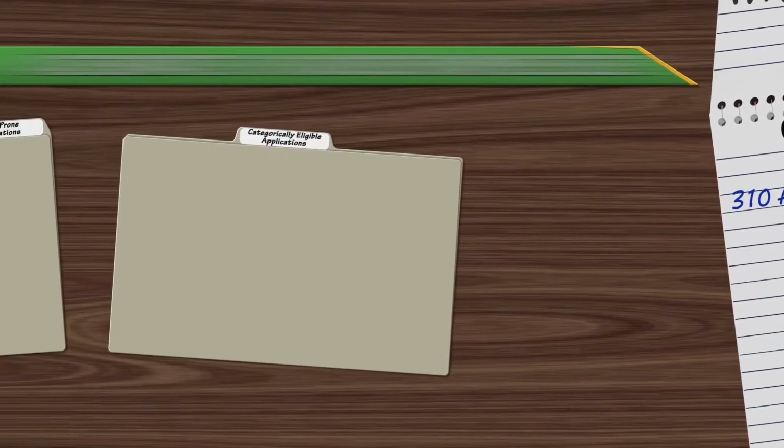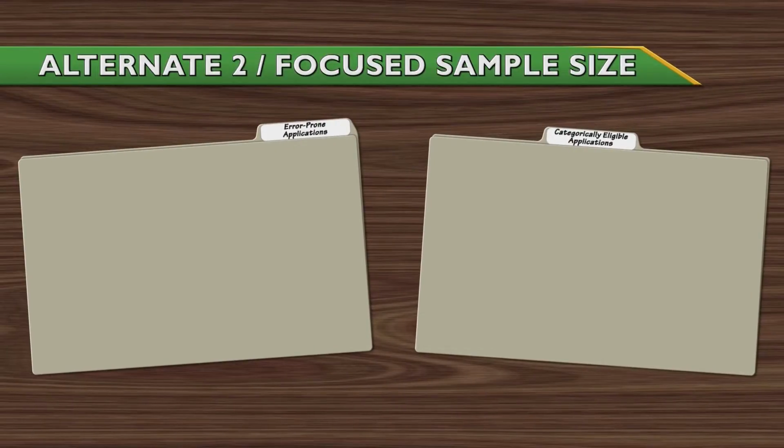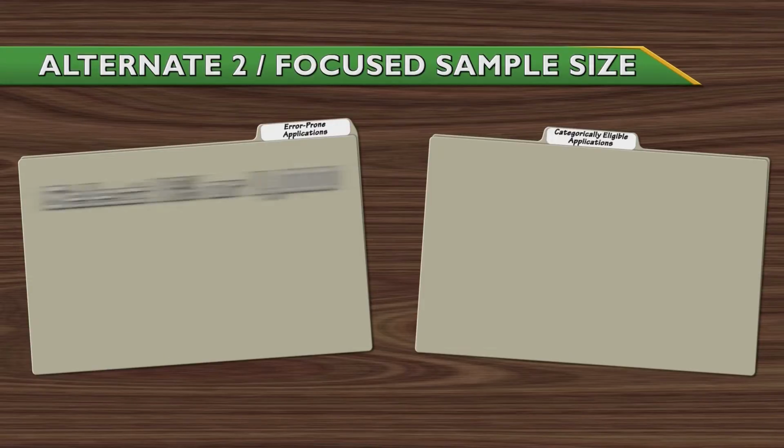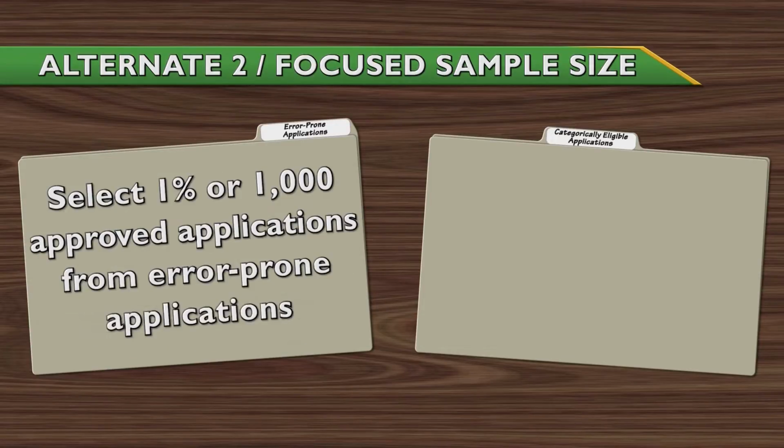In the alternate 2 or focused approach, the sample size is determined by counting the total of approved applications on file as of October 1st. Select 1% or 1,000 of approved applications, whichever is less, and select the sample size from error-prone applications.